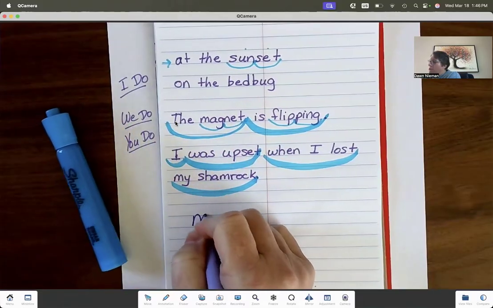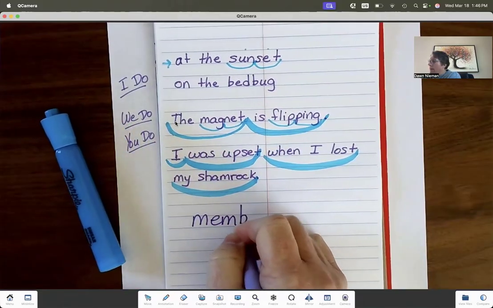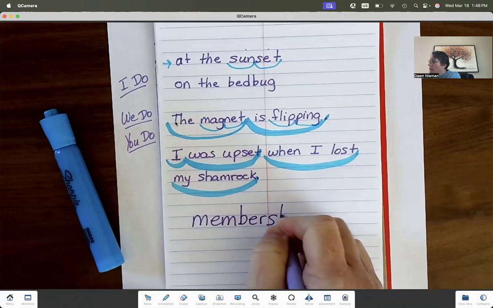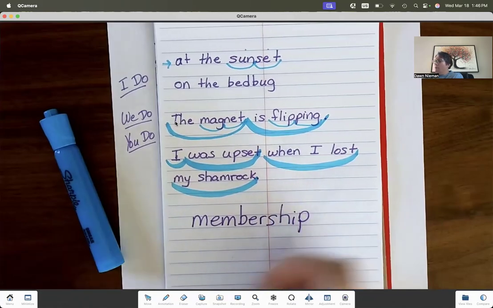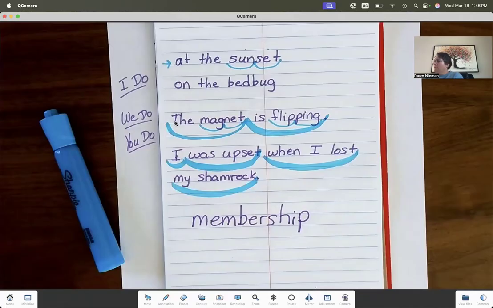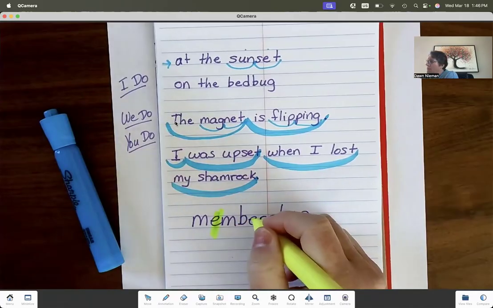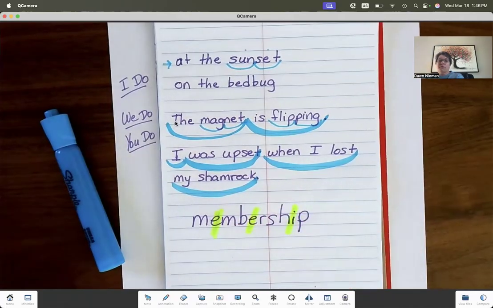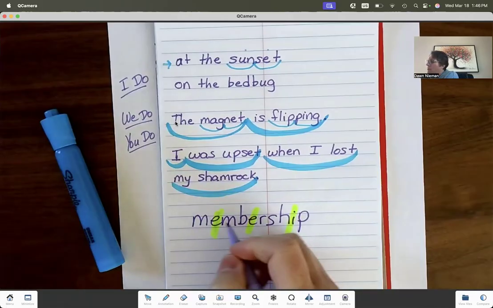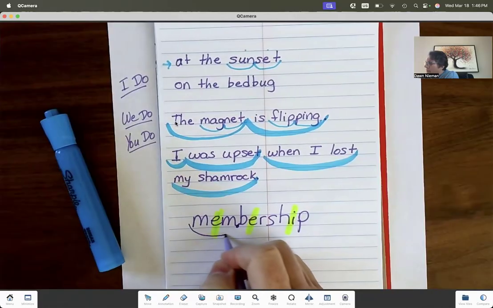And all that you're doing is I would go back to looking at where are my vowels? Okay, well, I have three of them and none of them are together, which means I'm going to have three syllables. If we spot and dot, mem.